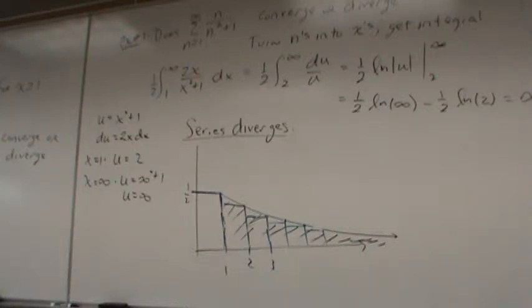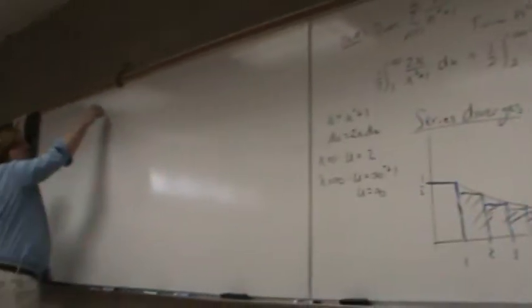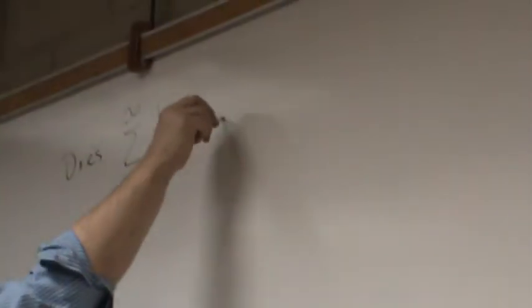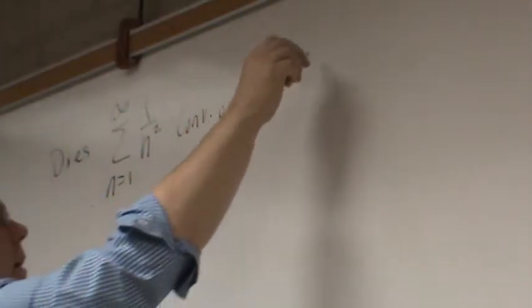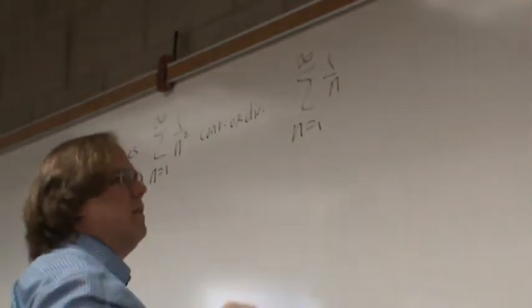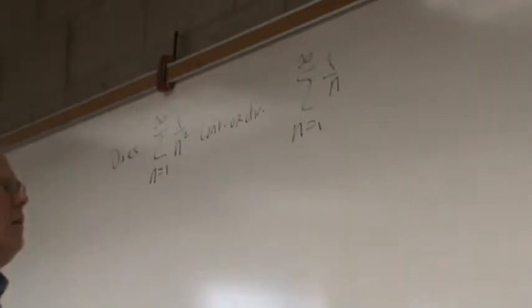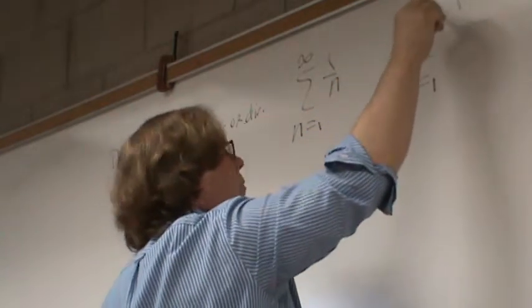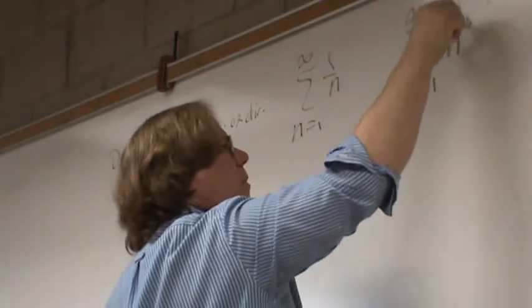Here's one I want you guys to do. Does the sum as n goes from 1 to infinity of 1 over n squared converge or diverge? And also the sum of 1 over n, or the sum of 1 over n to the 3/2 power.